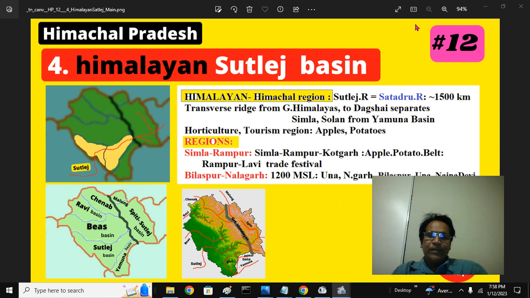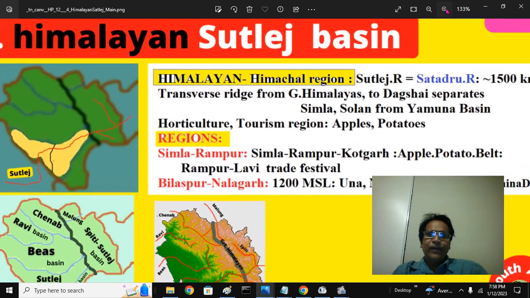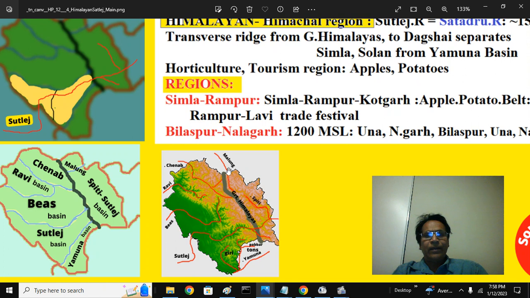The bifurcation point is the Great Himalayan Mountains, which are from 4,500 meters to around 6,500 meters above mean sea level. This is the cis portion, that is the trans portion. The river, close to Rampur, cuts through the Great Himalayan Mountains and enters the Sutlej Basin.